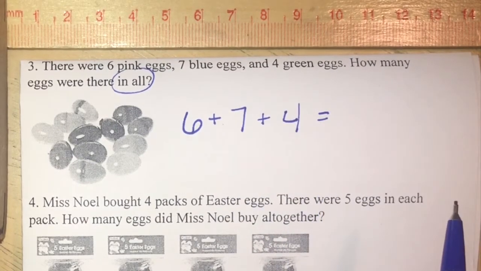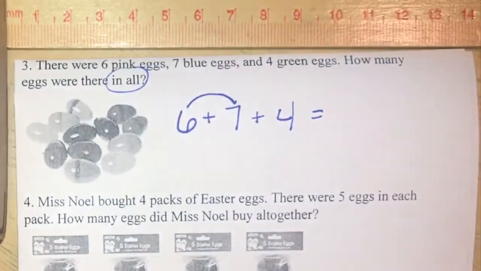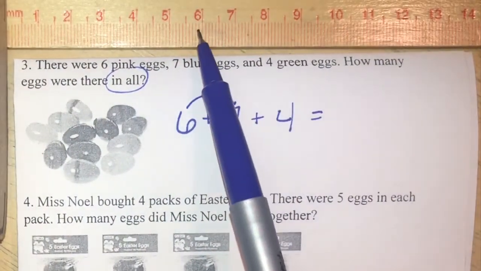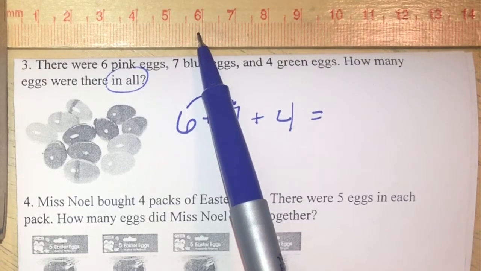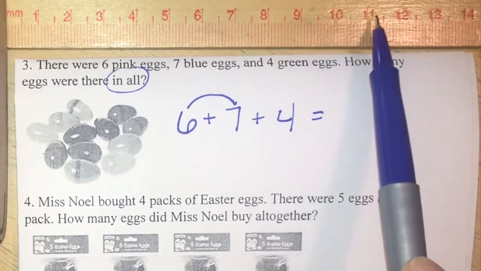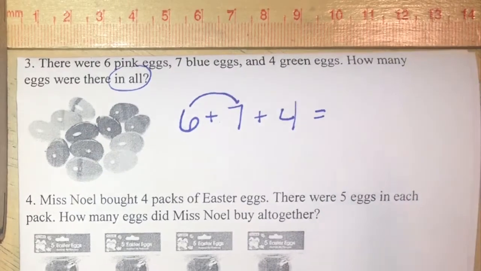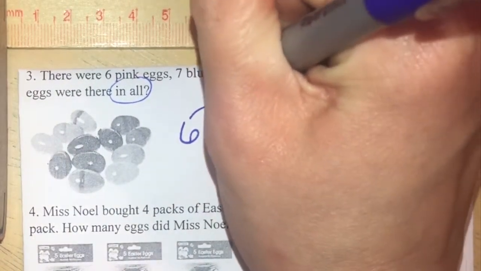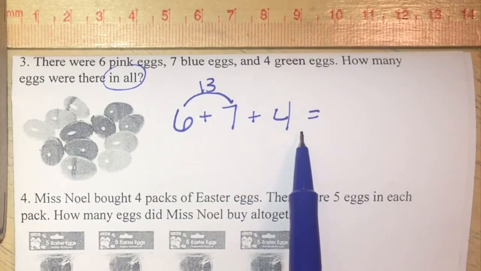What I like to do to kind of make my life a bit easier is I just start by adding the first two numbers. And the first two numbers are 6 and 7. So I'll start at 6 and move my pen till I have moved 7 places. 1, 2, 3, 4, 5, 6, 7. I'm at the number 13, so I'll go ahead and write a 13 up here. Next, I need to add 13 plus 4.